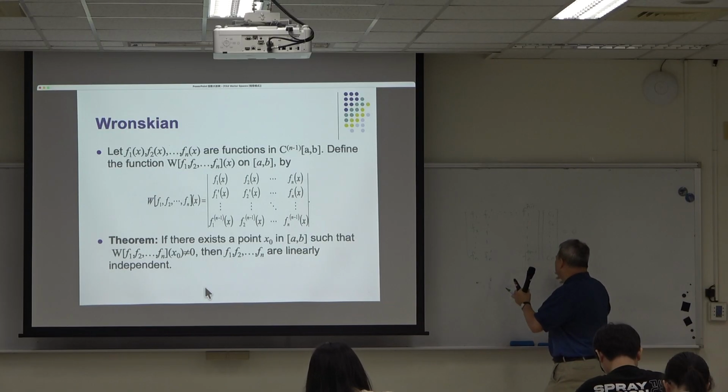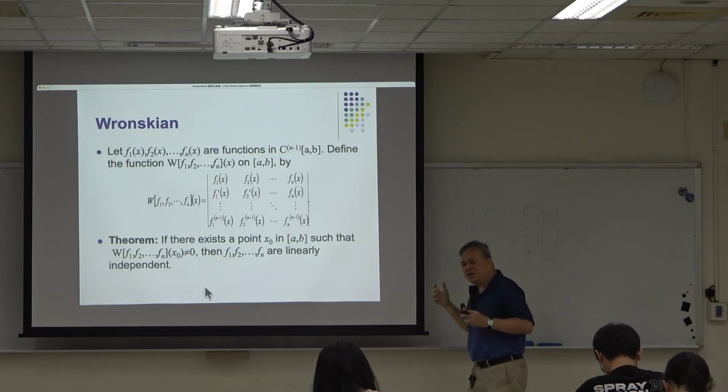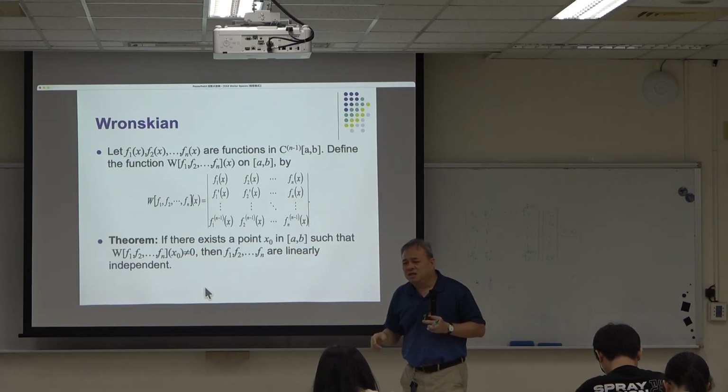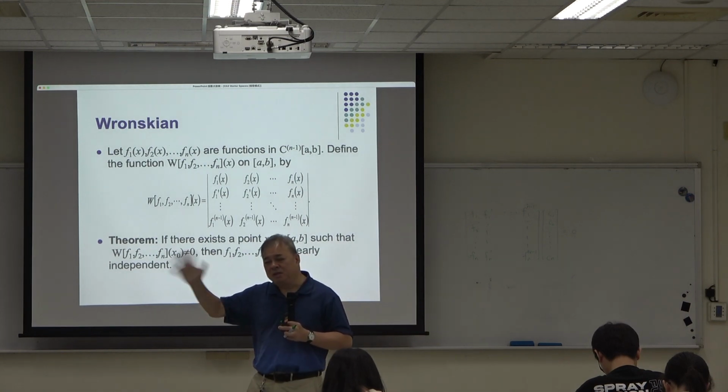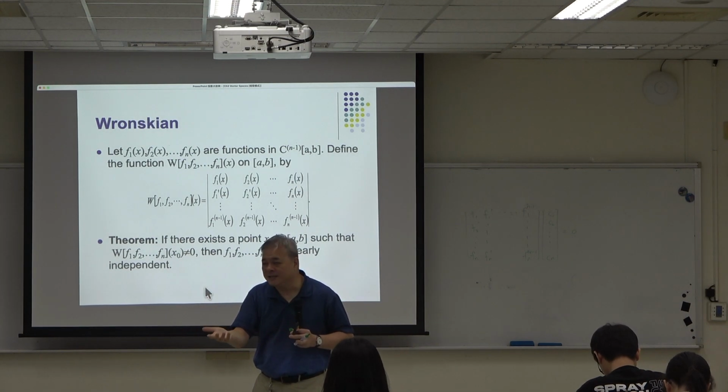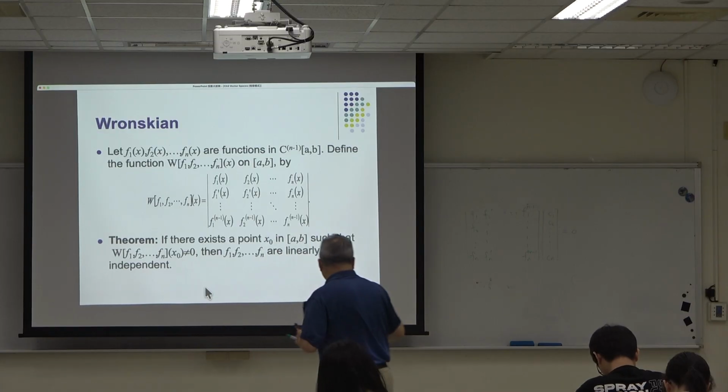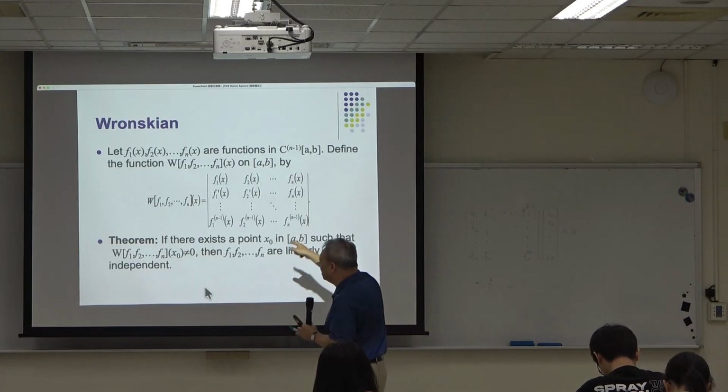But when it comes to determinants, the determinant of a matrix is the same as the determinant of its transpose. We know that, right? So you can write it like that or like here, it doesn't matter.